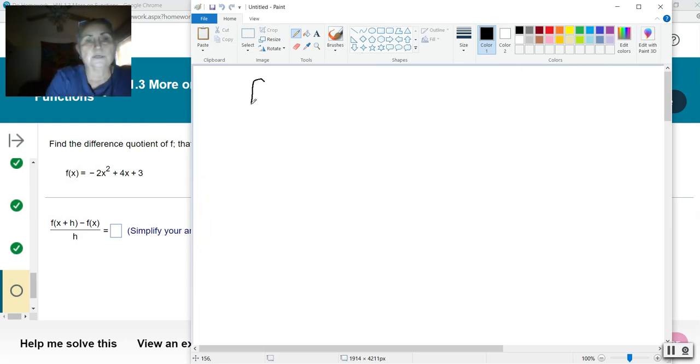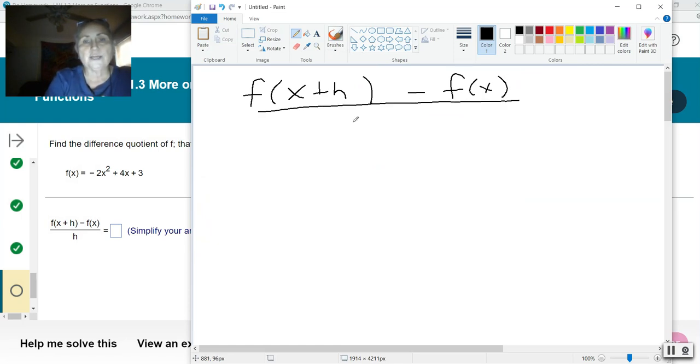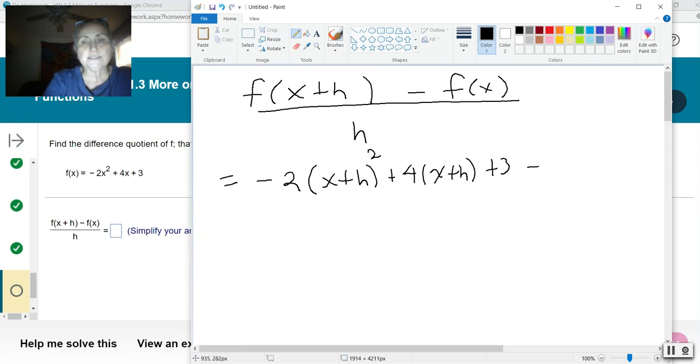So f of x plus h minus f of x over h will equal negative 2 times x plus h squared plus 4 times x plus h plus 3 minus, in parentheses, negative 2x squared plus 4x plus 3.